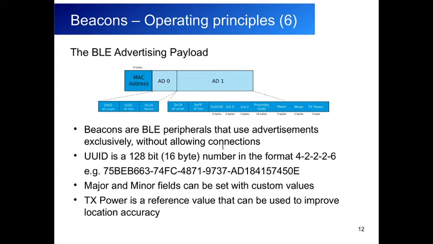Because it's 2 bytes, we can have more than 65,000 values, so a lot of items can be tracked by means of this. But again, it's a custom usage that you can choose, and the transmission power is used as a reference value because it's useful to track the distance of the device and identify which one is farther or closer.